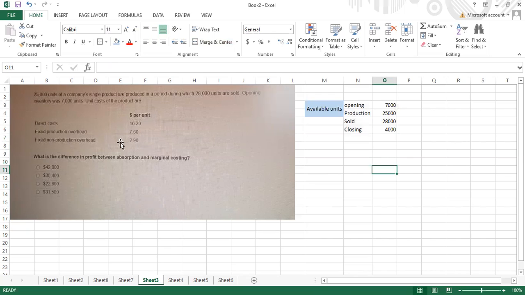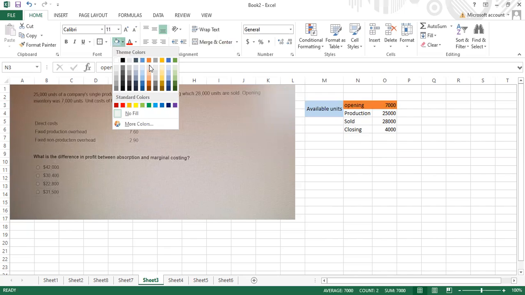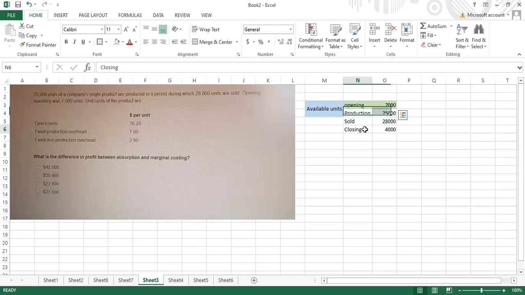Now, to get the difference in profit between absorption and marginal costing, you need three things. You need this. Remember, you need this. That's why I was calculating. And you needed this. And the third thing which you are going to get is your OAR, overhead absorption rate, or you can say fixed production overhead.